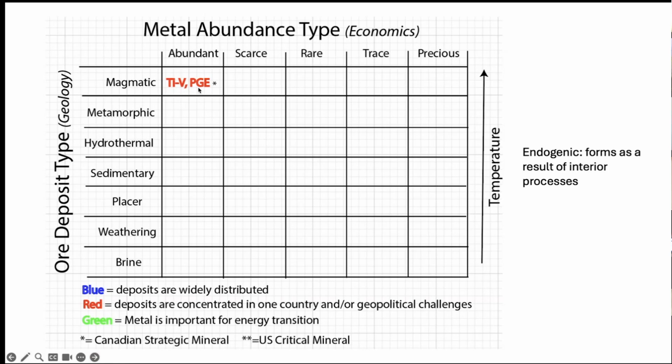These deposits are concentrated in one country, and this one is in South Africa, and that's called a Canadian strategic mineral, not for the U.S. And this is an endogenic system, formed as a result of interior processes, not surface processes.